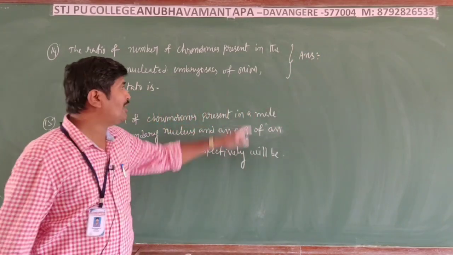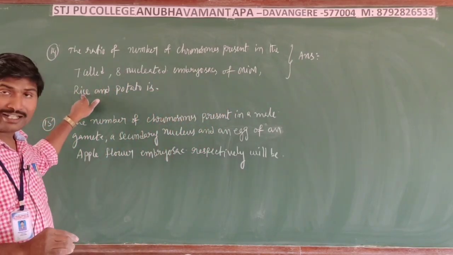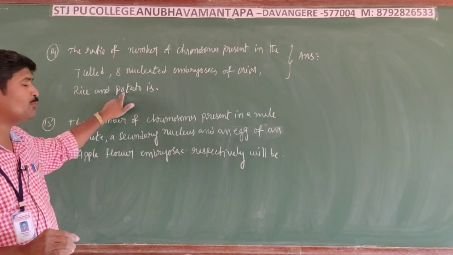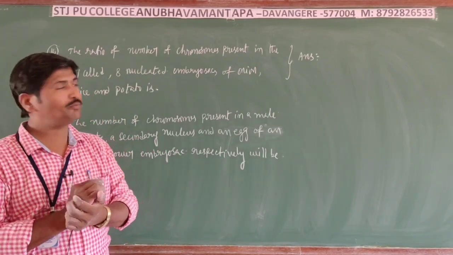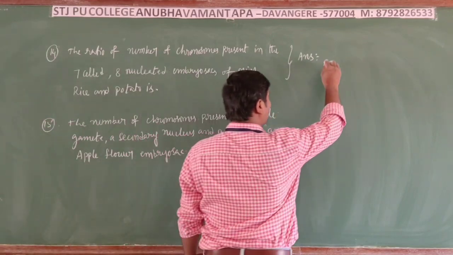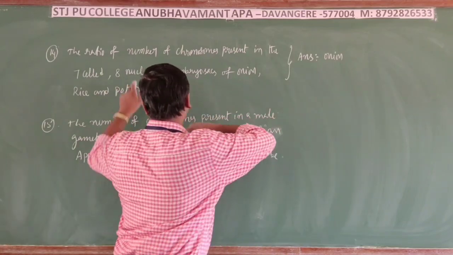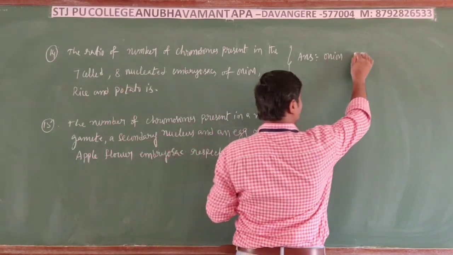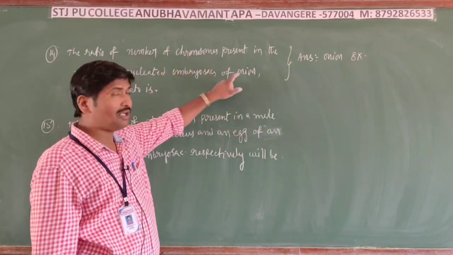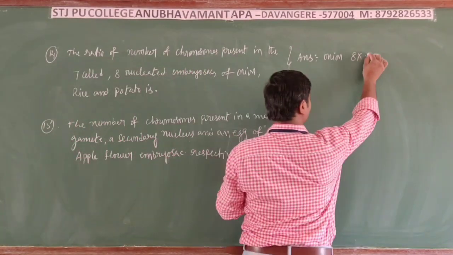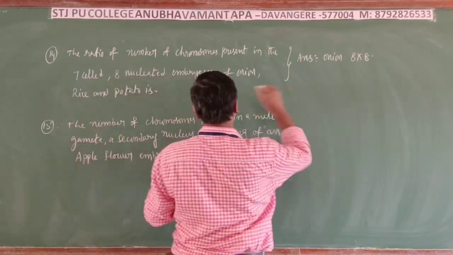In onion plant, the diploid chromosome number is 16, rice plant 24 and potato 48. Now tell, in onion, the total number of haploid nucleus is 8, and the haploid chromosome number is 8. Next one, rice.